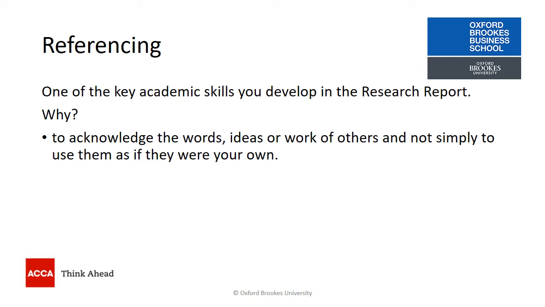So if you think about it from the point of view of intellectual property, if I've created a new model, then that's sort of my intellectual property, and I want to make sure that everybody knows that it was my idea in the first place. I want lots of people to use that model, but I want to make sure that people acknowledge that it's mine. So that's one of the reasons why we reference, to show who had the idea in the first place.